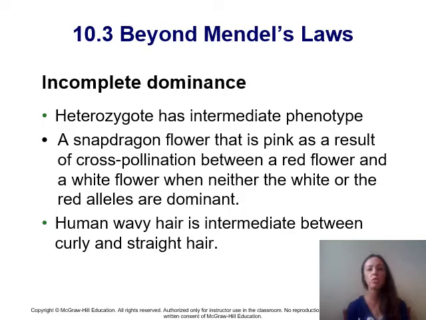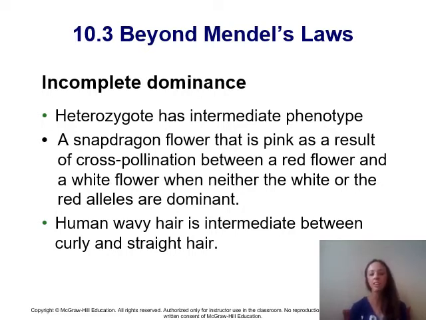If it inherits 2 white alleles, then it will have white petals. If, however, it is a heterozygote for this trait, then it will have pink petals. And so we have two alleles here being equally expressed in the phenotype.